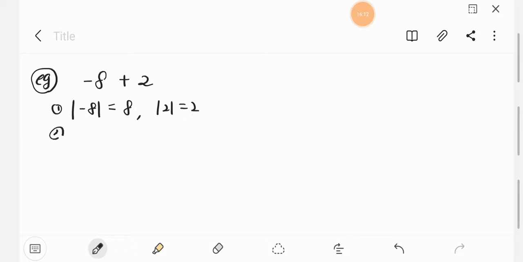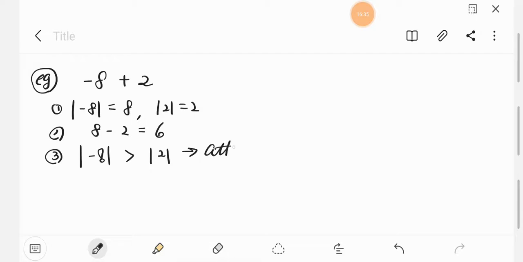So the second step is larger absolute value minus smaller absolute value, which is now 6. And then step 3: the absolute value of negative 8 is greater than the absolute value of 2, so we attach the sign, the negative sign, right?